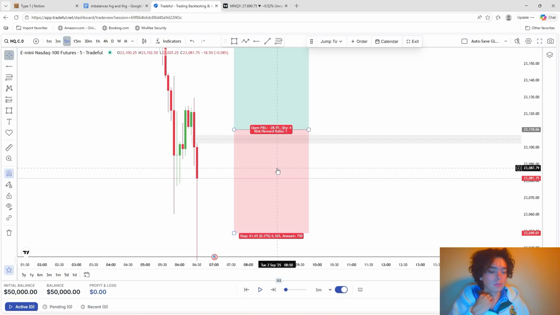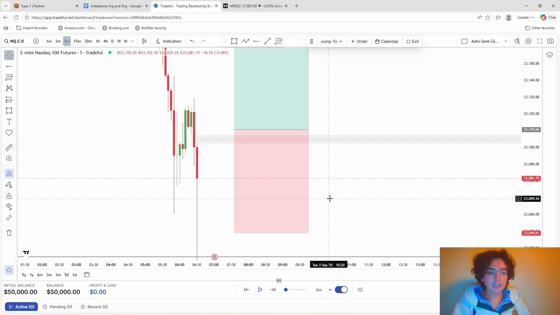So I myself, when I first got into trading, always took fair value gaps. My mentor, back in the day, taught me fair value gaps and inverse fair value gaps, but he had no confluences.